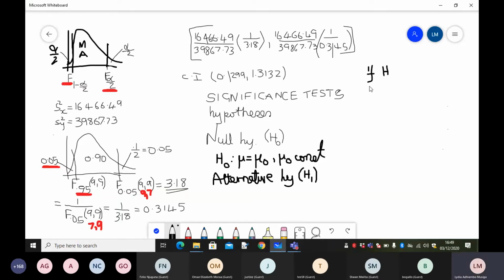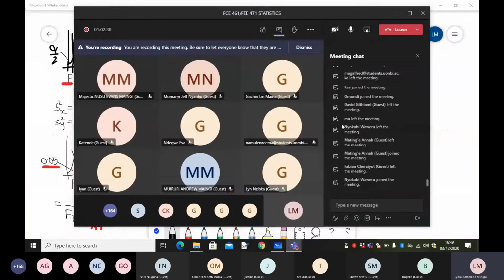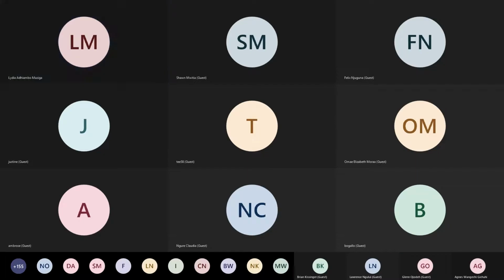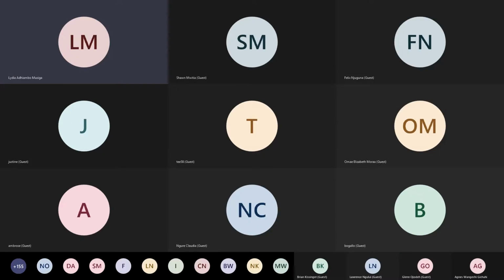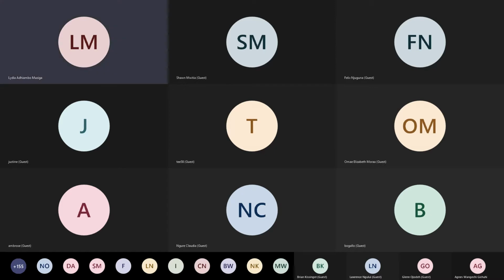Let me stop sharing my screen and see whether that's blinking. I stop sharing, then I share again, and see whether that blinking will stop. As I'm doing that, I can take attendance.